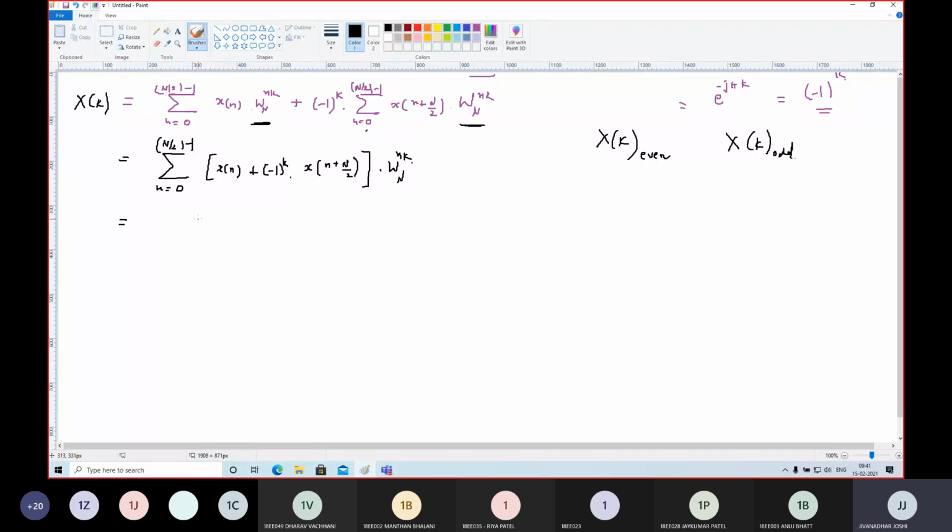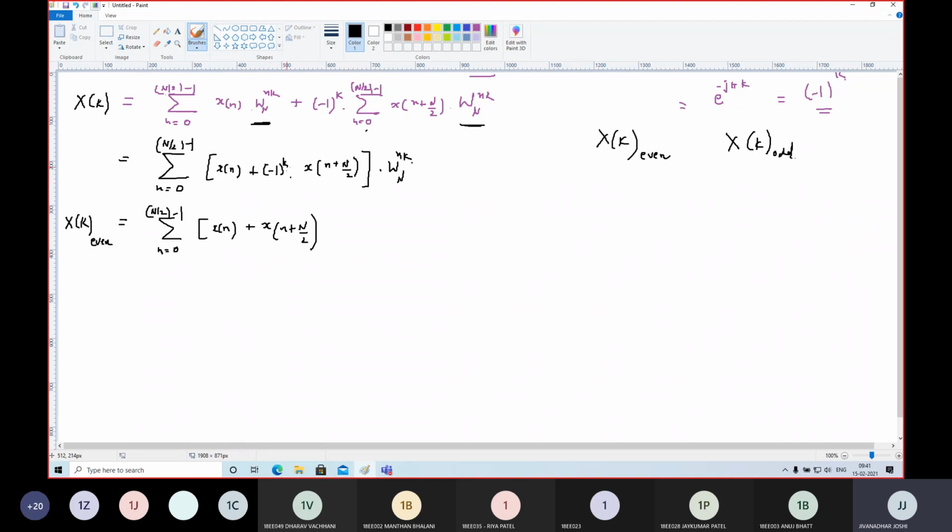Now I have X of k for even k, equal to the sum over n equal to 0 to N/2 minus 1 of x of n plus x of n plus N/2, because minus 1 raised to k is equal to 1 now, since k is even.